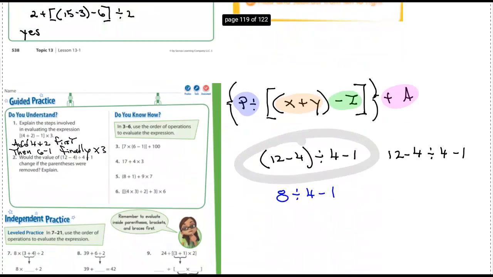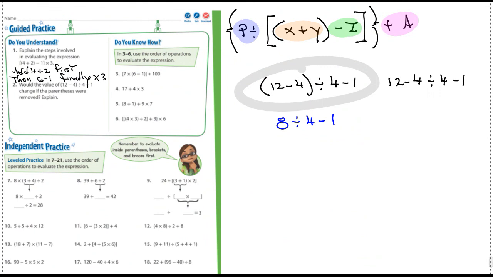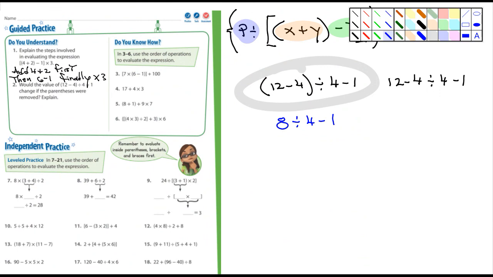So go back to this problem here. So I would do the division first. What's 8 divided by 4? That's 2. And now it's 2 minus 1. And so what's 2 minus 1? 1. So we're done.